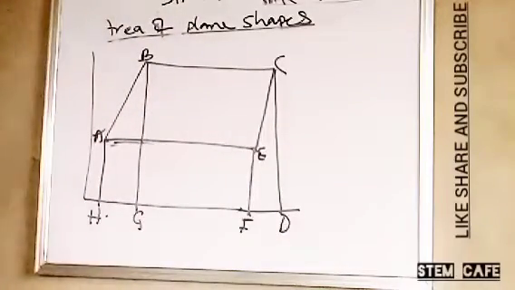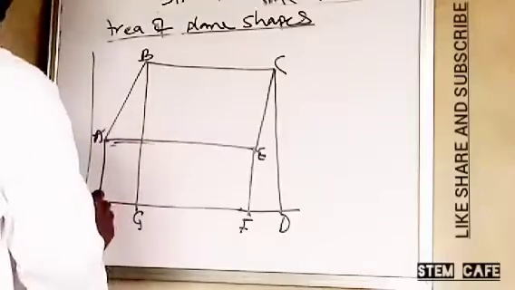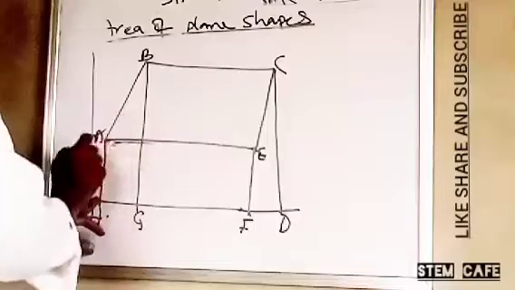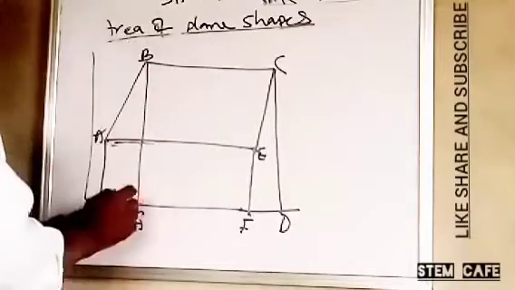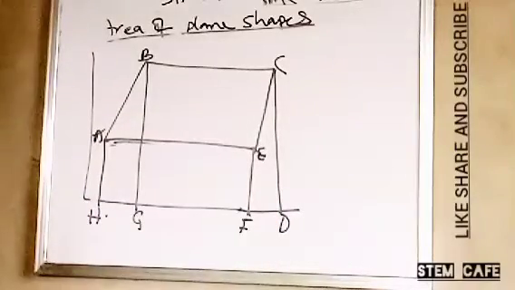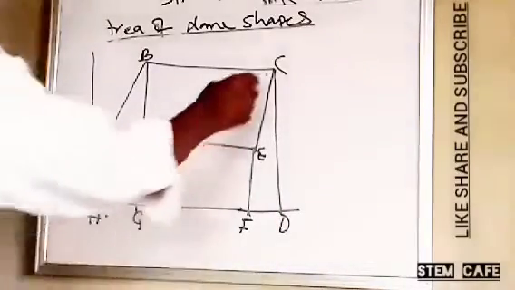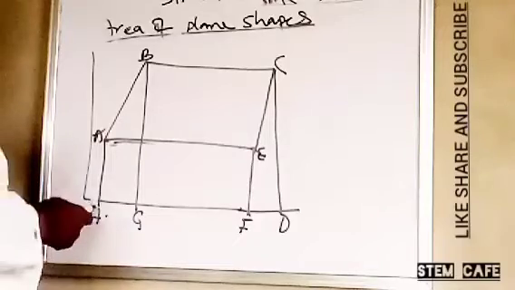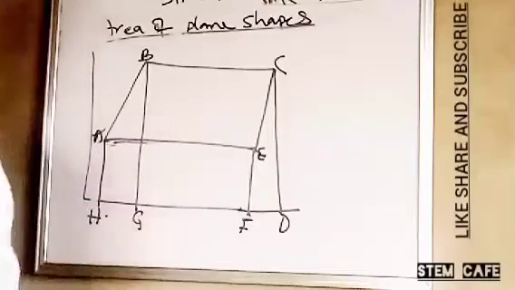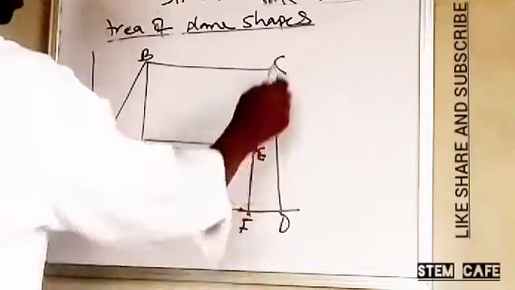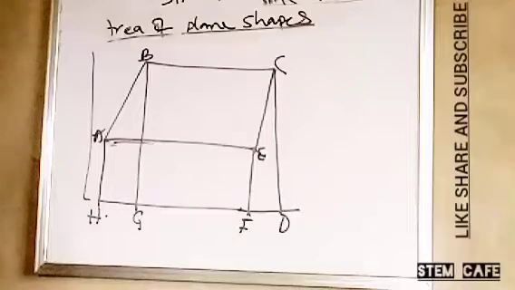So all you will do is find the area of the whole trapezium, H, yeah, A, B, C, D. So we have it like this. And then we can now subtract H, A, E, F and F, E, C, D from the area.